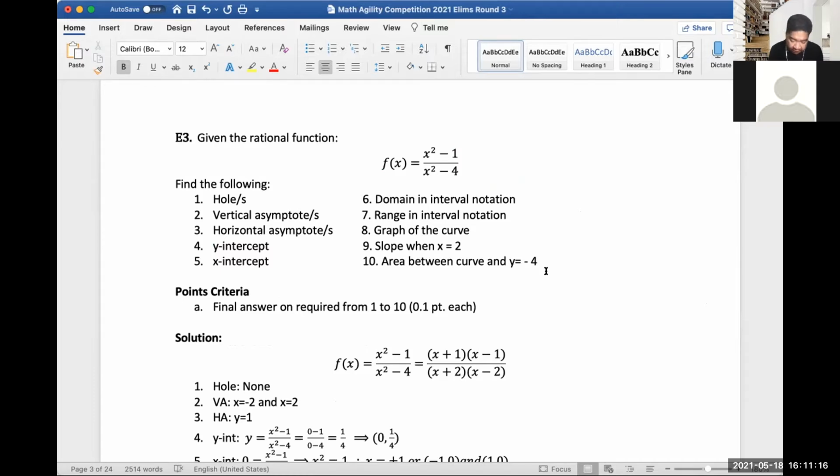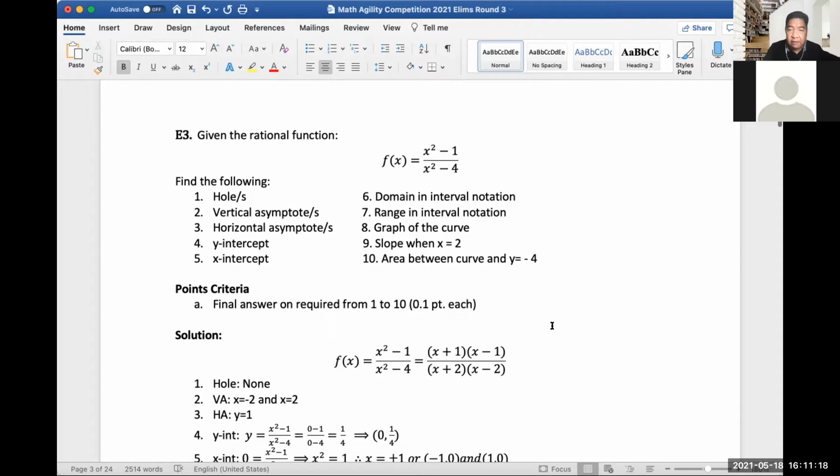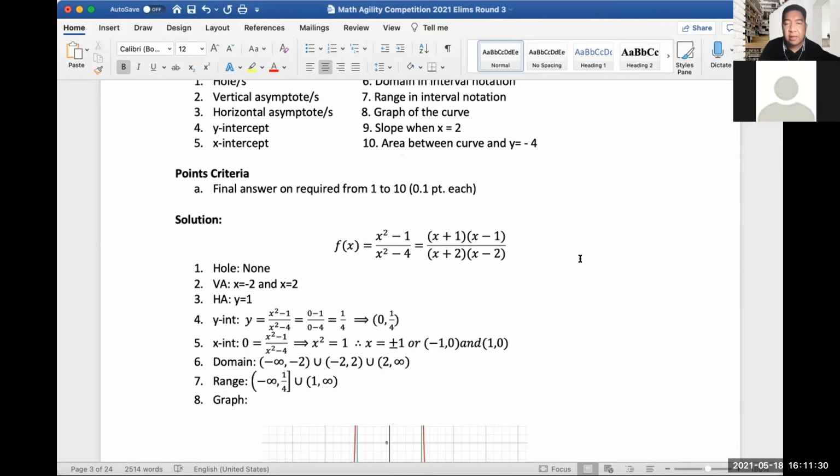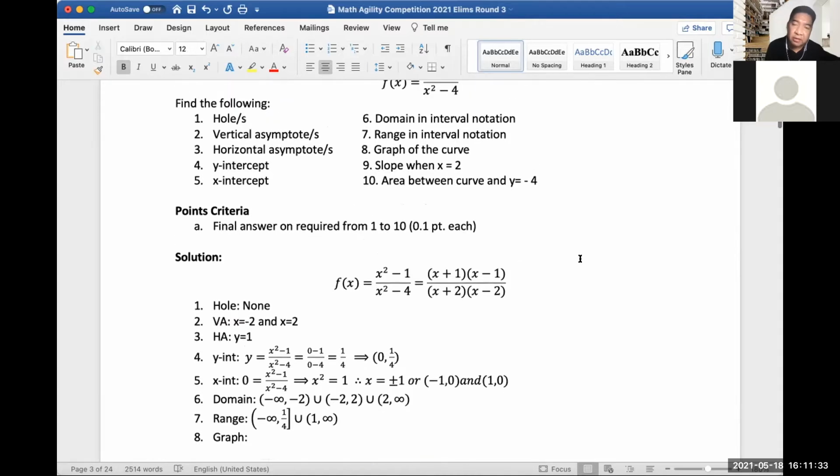Holes can be solved if after factoring the rational function, we get any common factor that was canceled, that will be the hole. So you can see, we already factored x squared minus 1, which is x plus 1 and x minus 1 in the numerator, and we factored the denominator x squared minus 4 as x plus 2 and x minus 2.